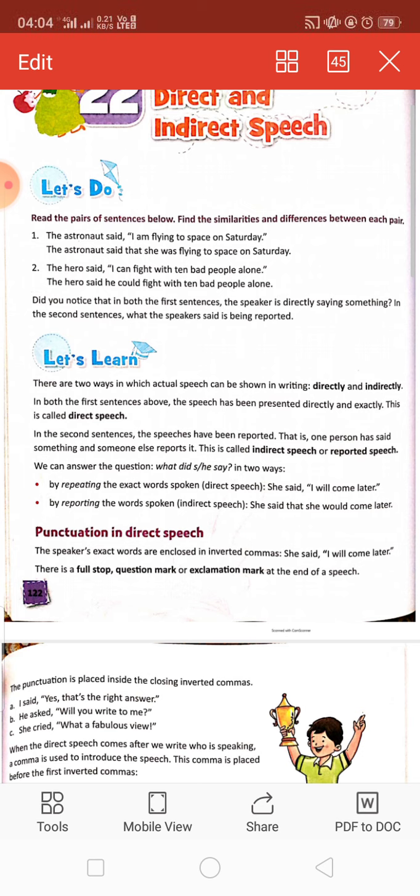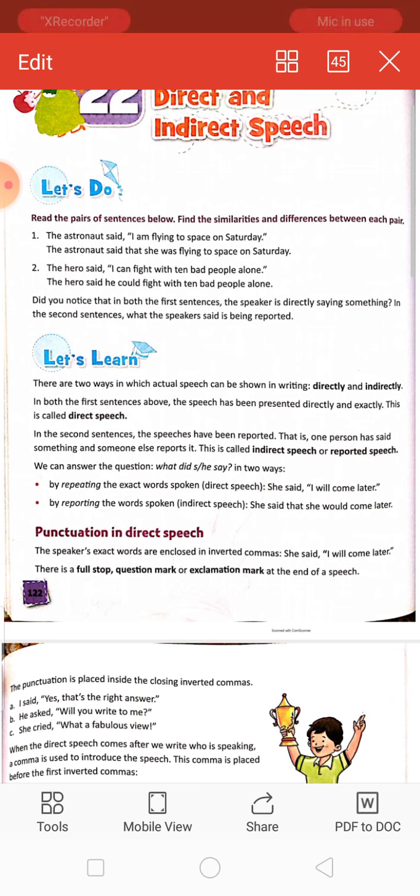Okay. Read the pairs of sentences below. Find the similarities and differences between each pair. See, the astronaut said, "I am flying to space on Saturday." That means here the astronaut is telling.